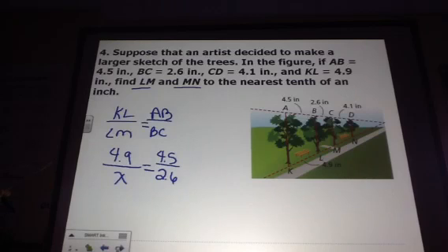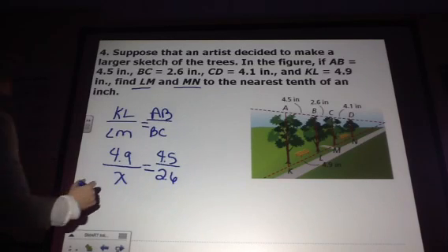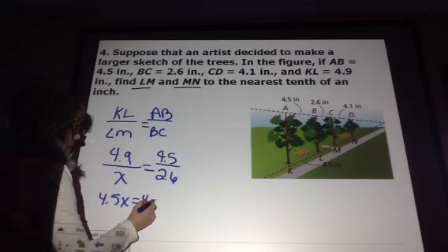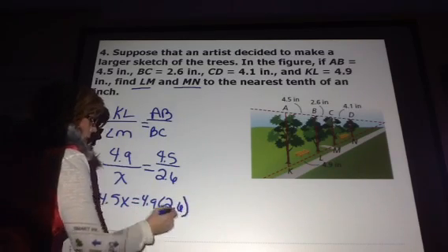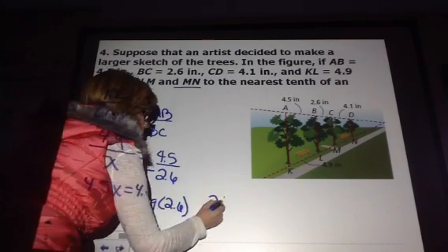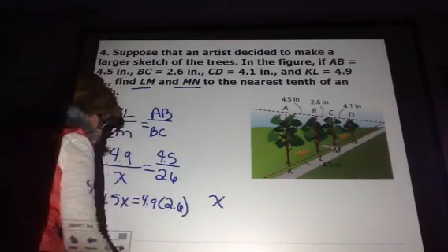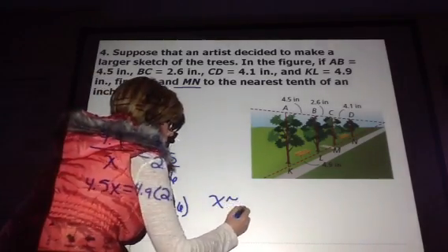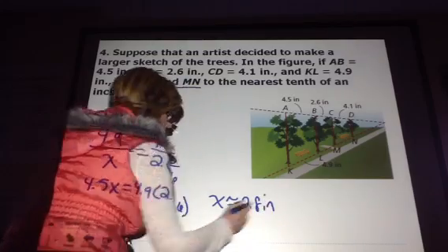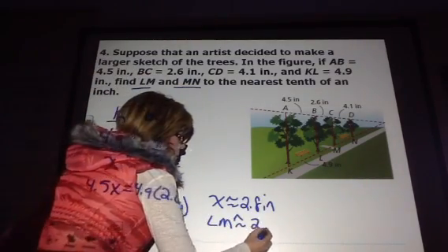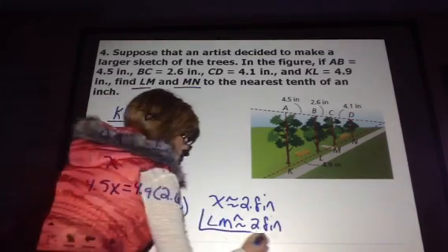Do your cross product. So we're going to have 4.5x times this, divide by 4.5, and when you do that, rounding to the nearest tenth, it's going to be approximately 2.8 inches. So LM is approximately 2.8 inches.